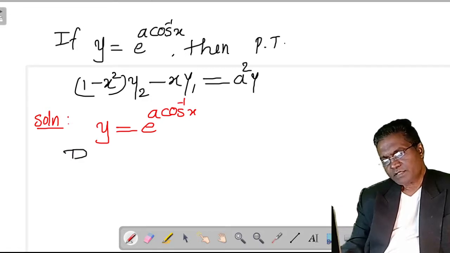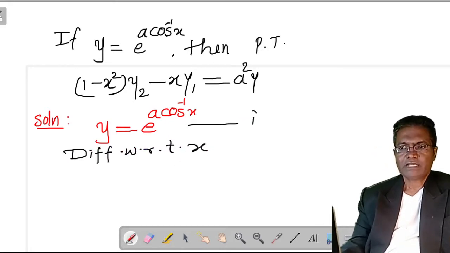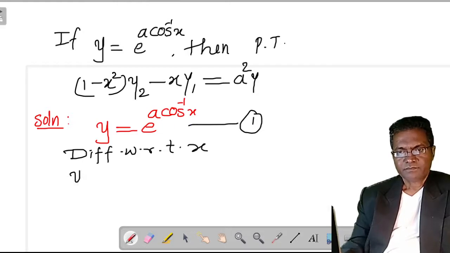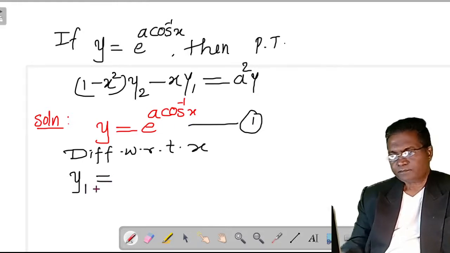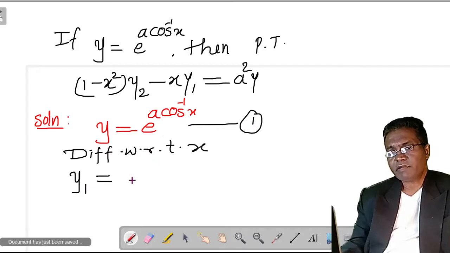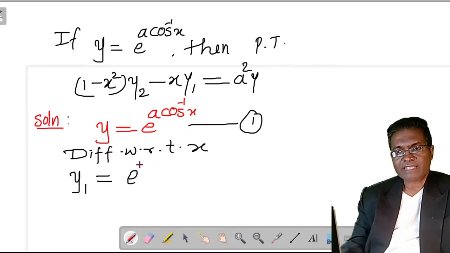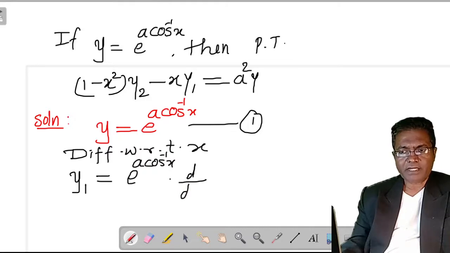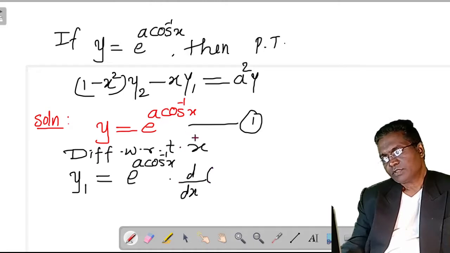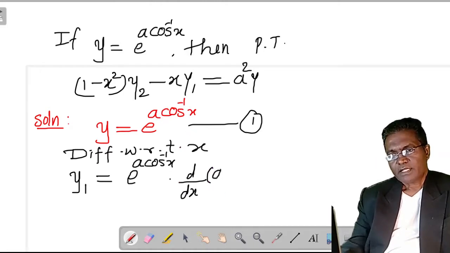So differentiate with respect to x. So derivative of y is y1 equals e power, derivative of e power is e power. So as it is, I can write e power a cos inverse x into d by dx of whatever the function on the power of e. Okay. So it is the derivative of a cos inverse x.